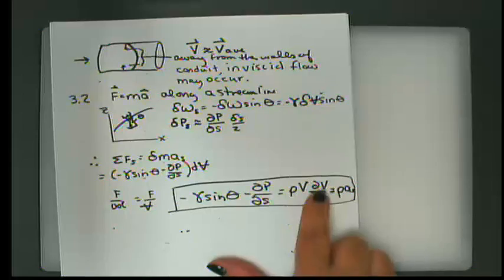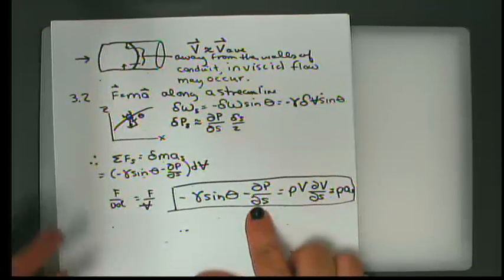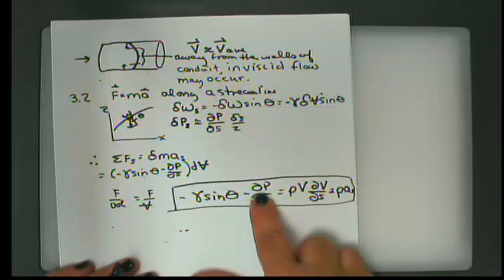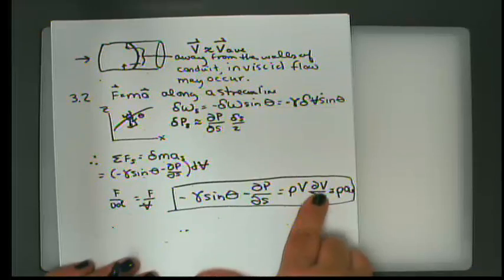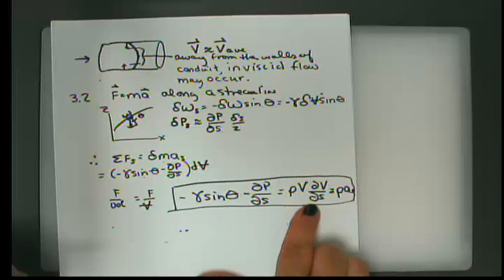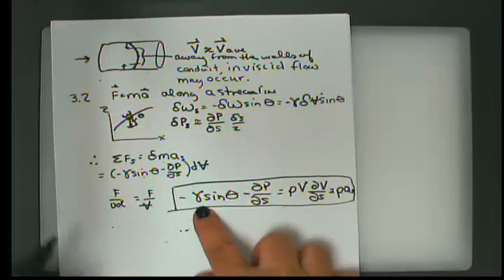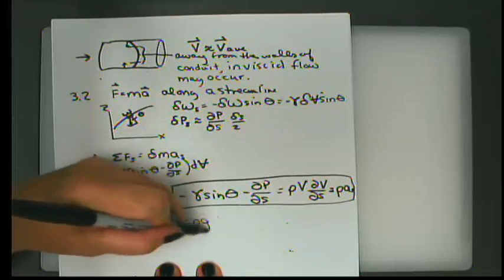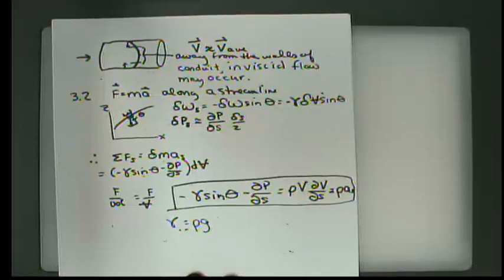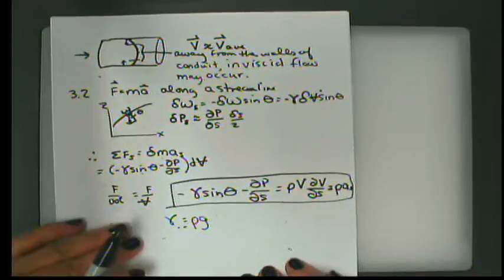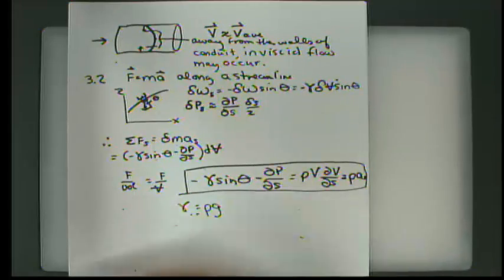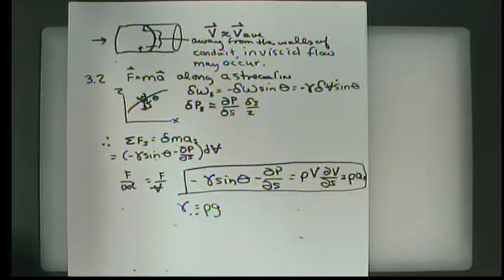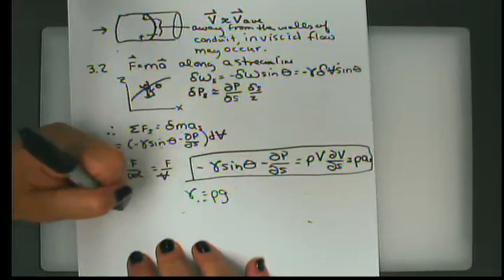All right, so if you're looking for a differential pressure or a pressure gradient, and you have a relationship of velocity as a function of position, and you know density or gamma, and remember gamma equals density times gravity, right? So you have that relationship to use as well. You can find out some interesting things about the way a fluid behaves along a streamline using that equation.